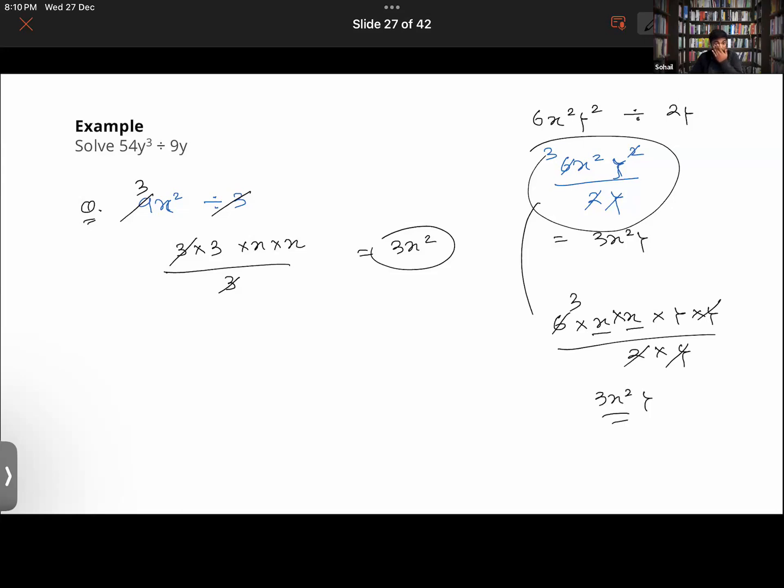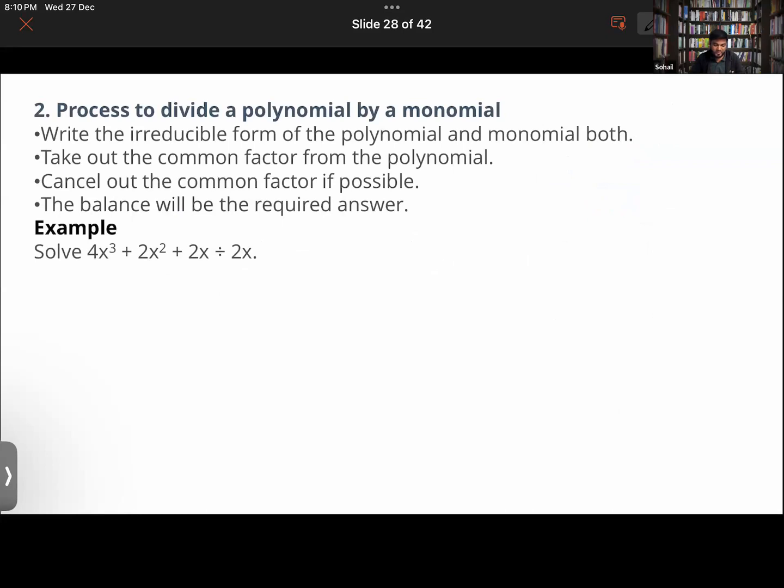So you can basically divide a polynomial by a monomial. You can divide a given polynomial by another polynomial as well. Now, for example, you have a given polynomial here, and you have to divide it with a monomial. 4x cubed plus 2x square plus 2x, that is the given question. You have to divide it with 2x.